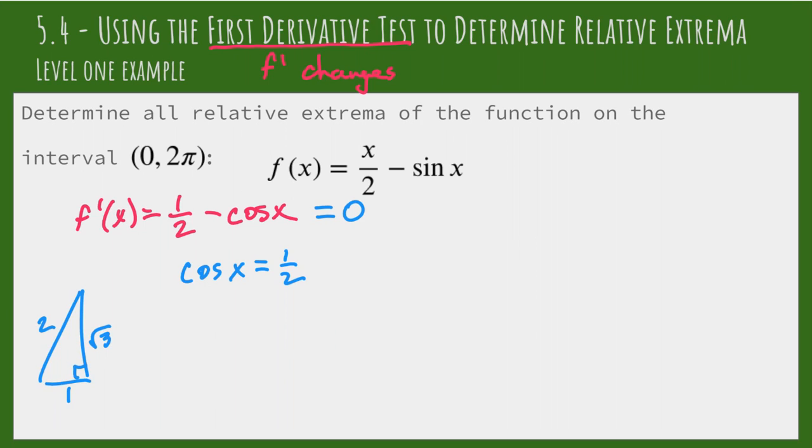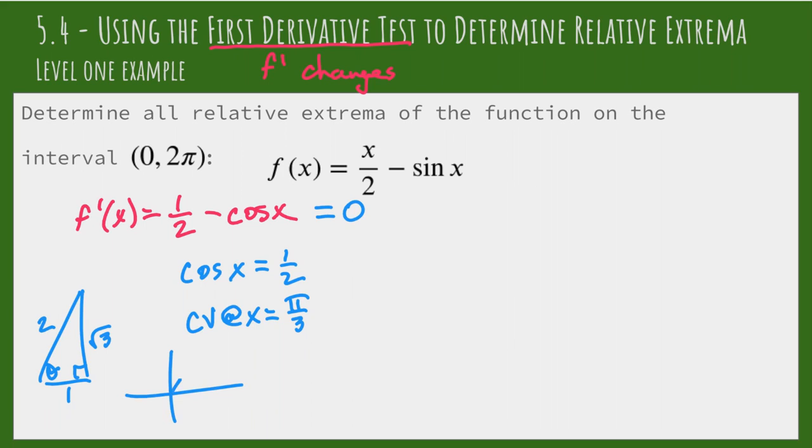So 1/2 cosine is going to be adjacent over hypotenuse. So this will be our angle here, which is going to be pi over 3. So we get a critical value at x equals pi over 3. Remember, cosine is positive. Cosine is also positive in the fourth quadrant, so we should get an answer somewhere between 3 pi over 2 and 2 pi.